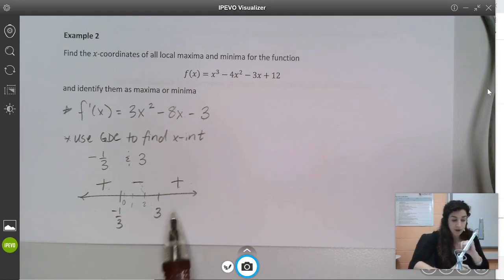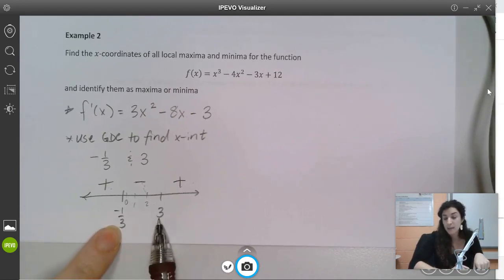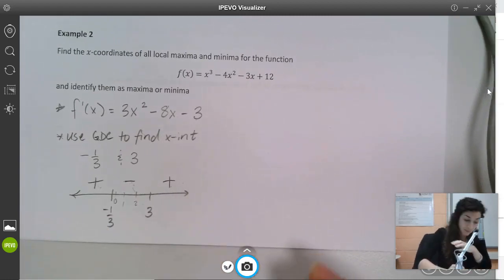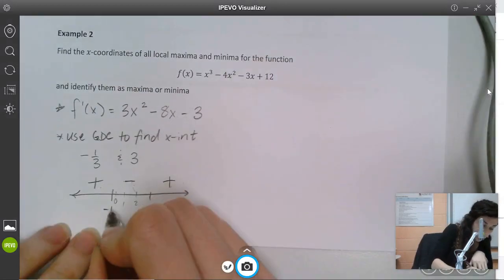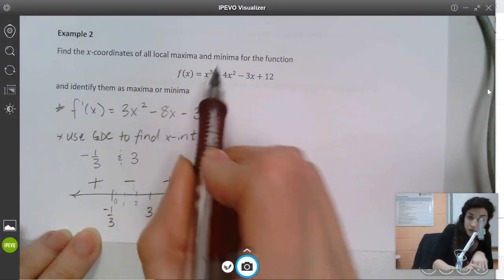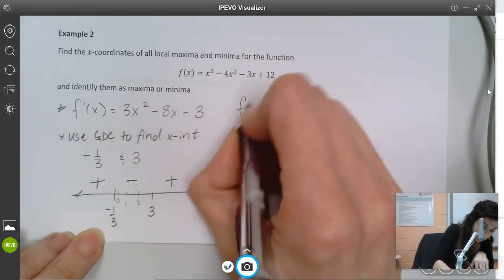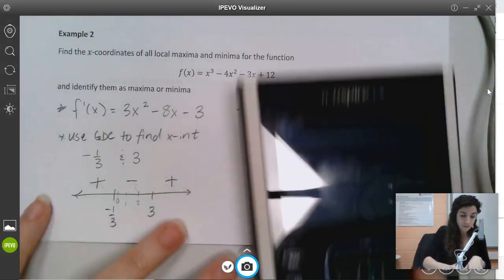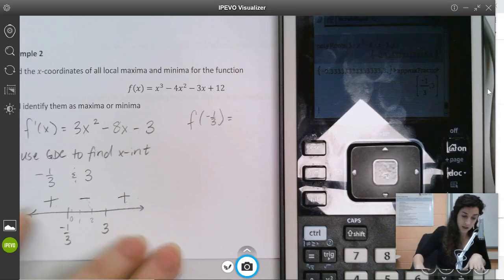Now we're going to use our sign diagram to find the coordinates at these maxima and minima and then determine which one's a maximum and which one's a minimum. Which means I need to plug these values into my original function. F of negative 1/3 equals. Go ahead and plug it into your calculator.